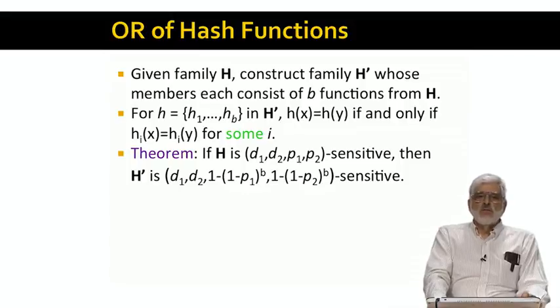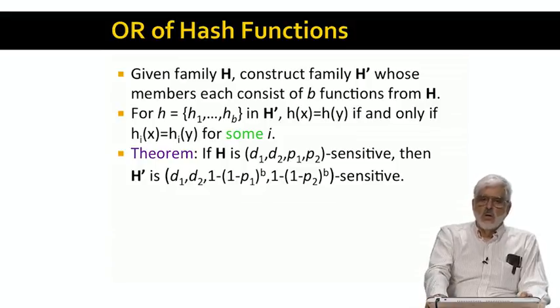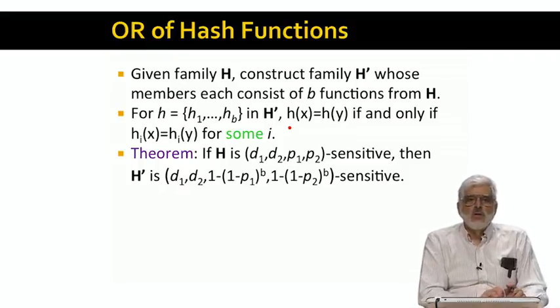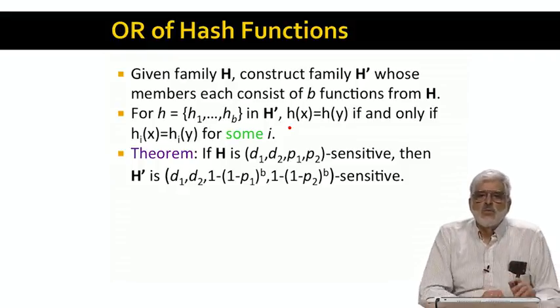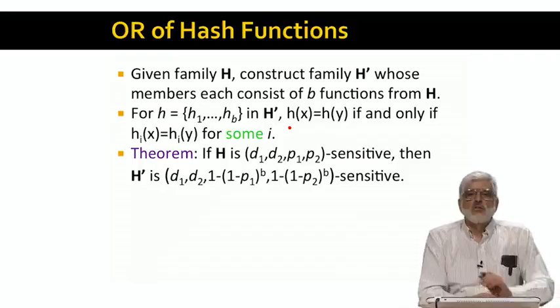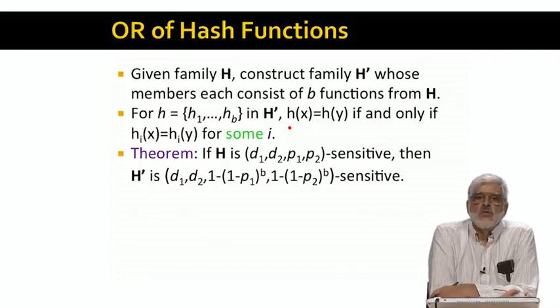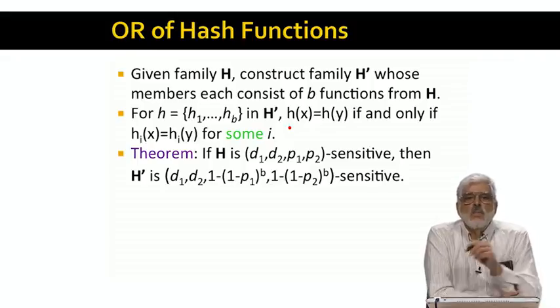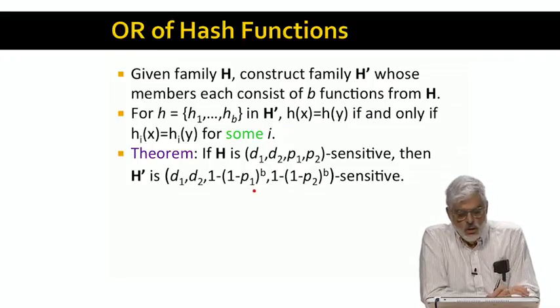So here's the rule for the sensitivity of family H prime in terms of the sensitivity of H. As for the AND construction, the distance components D1 and D2 do not change. But the probabilities are altered according to the rule for the probability of the OR of independent events. To see how this combination works, think of at least one of these events occurs. In its equivalent form, it is not true that none of these events occurs. If each event occurs with probability P1, then the probability it doesn't occur is 1 minus P1.